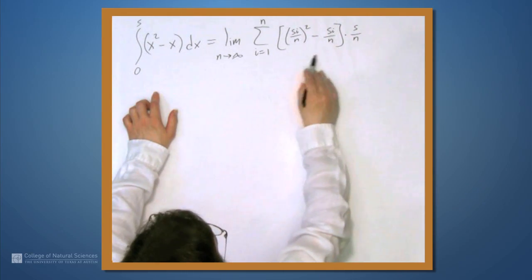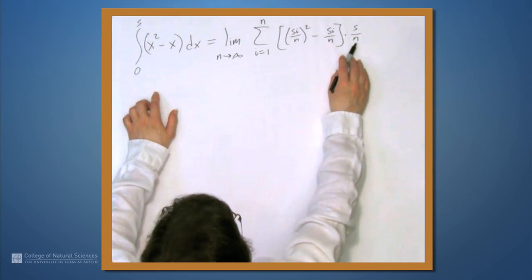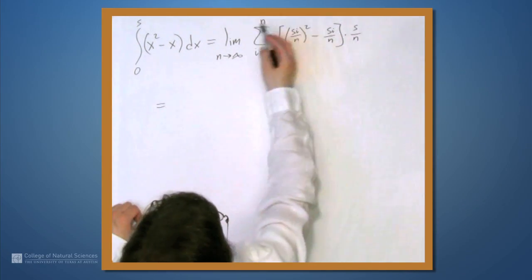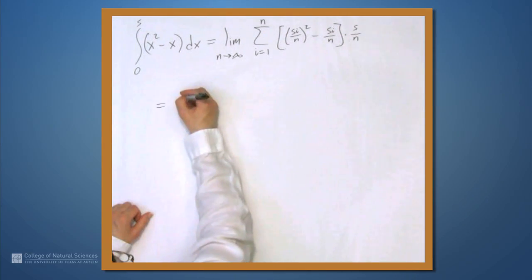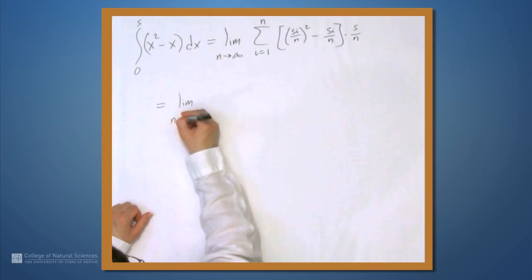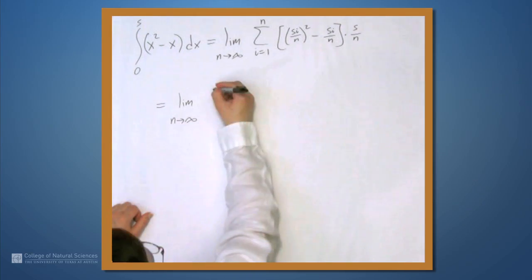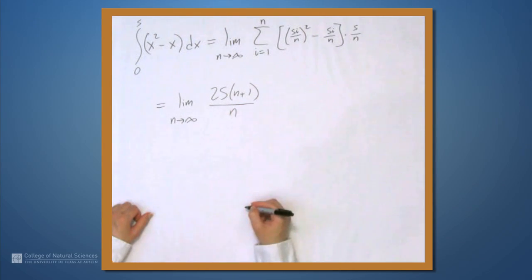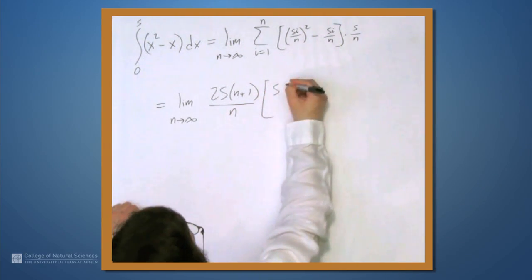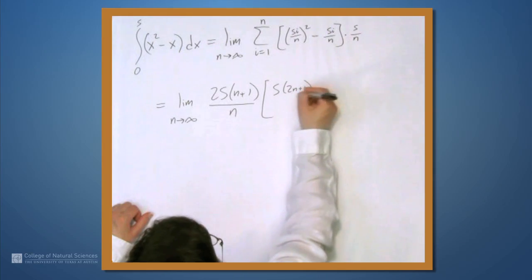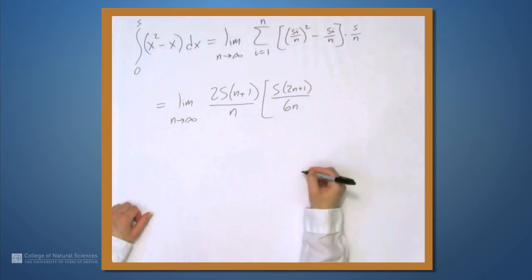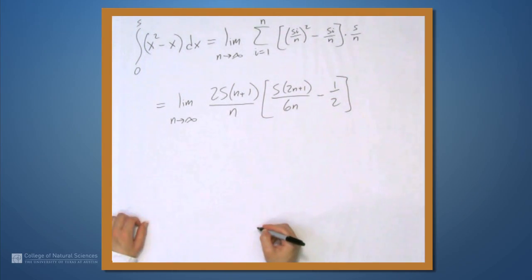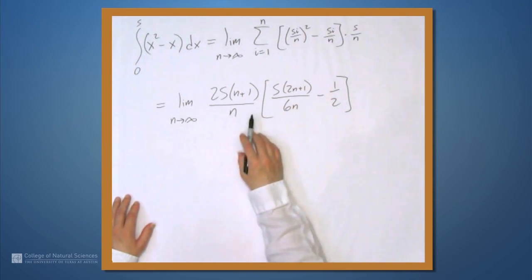Right? This is f of x sub i, and this is delta x. But all that work we did was to show how to write this summation without a summation. So this is the limit as n goes to infinity of 25 times n plus 1 over n times 5 times 2n plus 1 over 6n minus 1/2.